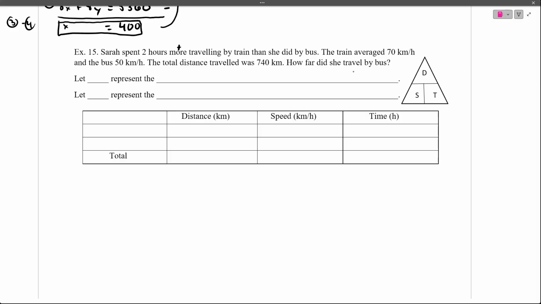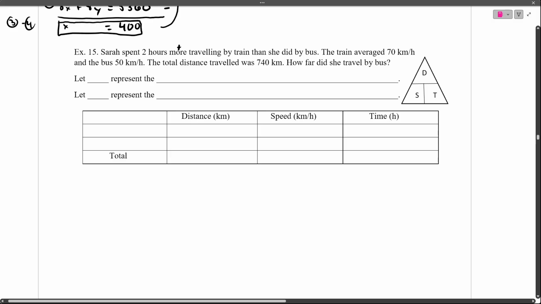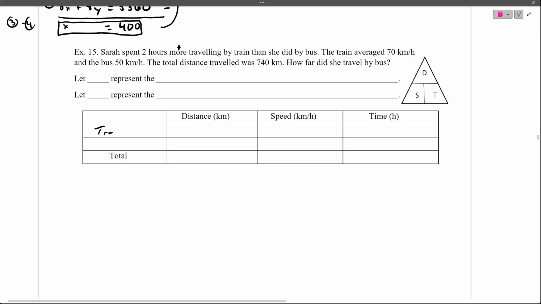So again, we're looking at distance here. Now this one's a little bit trickier because we can look at this problem in a number of different ways. So we want to think about our train and our bus. We're going to come back to our let statements in just a second.